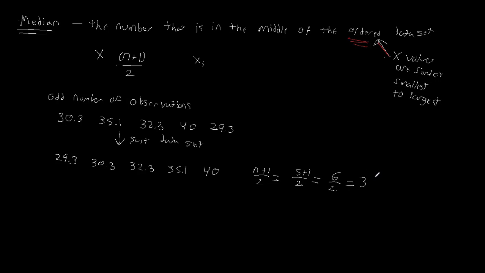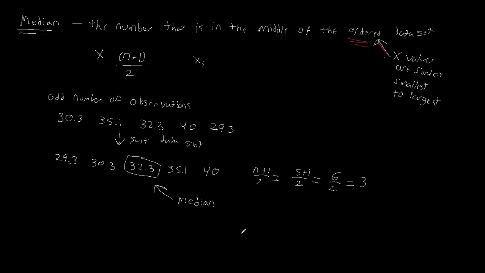So our median is going to be the third value in the ordered data set. Going back to our data set, value 1, value 2, value 3. This right here is our median. Hopefully that made sense.